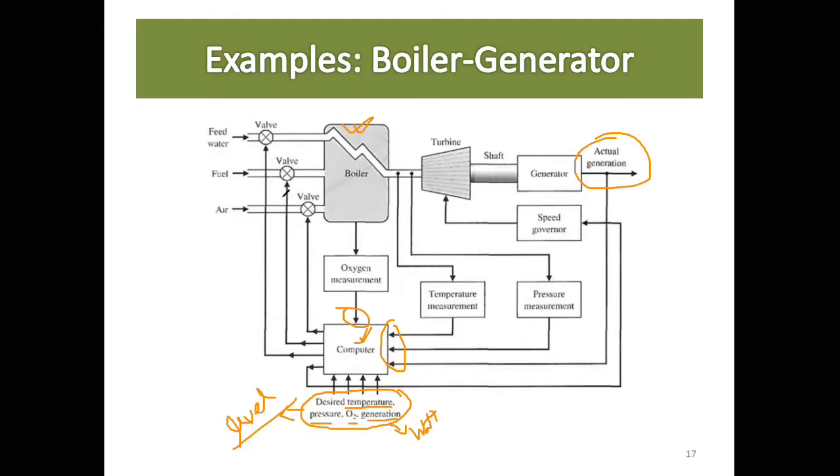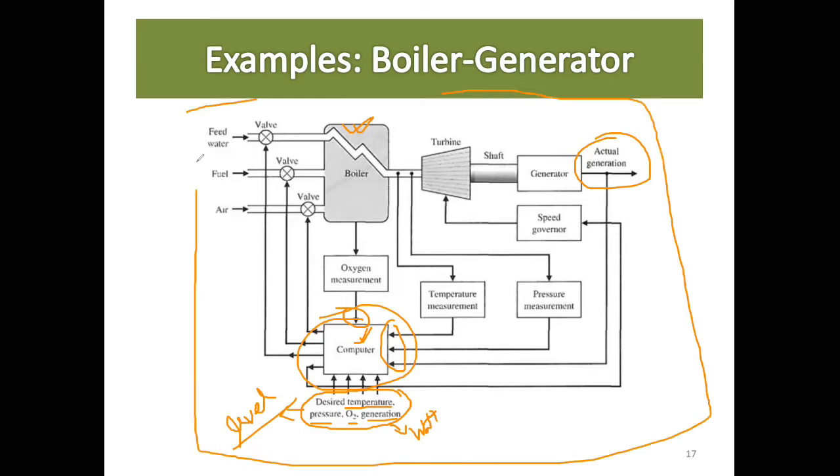The instruction to close the valve will go there. And see, according to this, the speed governor, that means speed, will be monitored by the computer. So see, all things are computerized. This is actually a system in a boiler generator power plant. That is the control system diagram of a power plant.